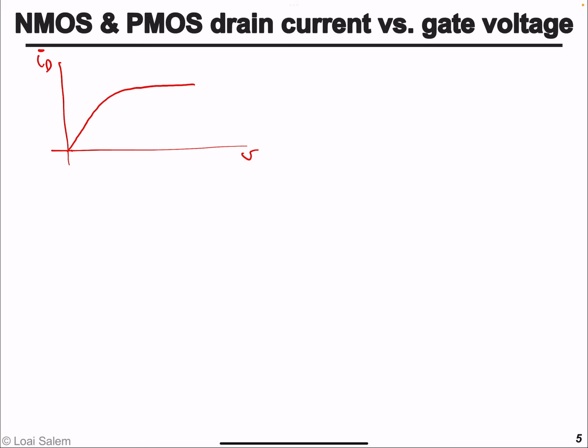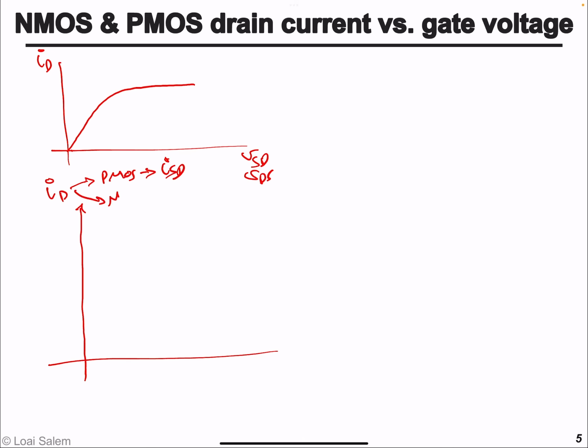On the other hand, if we plot this characteristic instead versus VSD or VDS, we sketch this relation for an NMOS or PMOS. The current, I just call it ID, but in a PMOS it's going to be I source to drain.